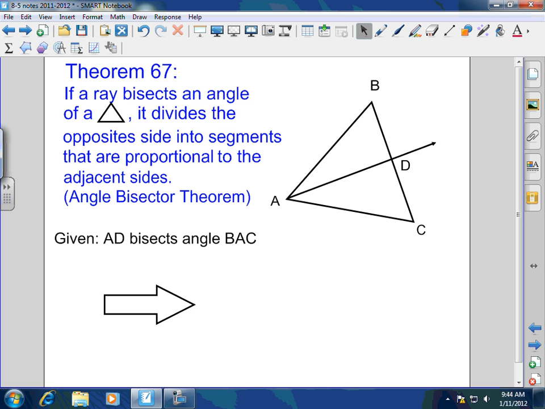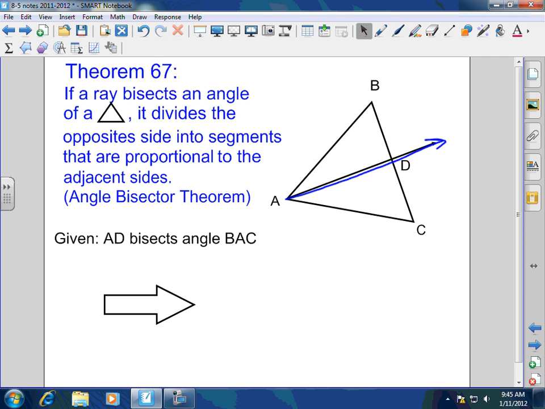Now, last theorem. It says here that if a ray bisects an angle of a triangle, it divides the opposite side into segments that are proportional to the adjacent sides. Let me give you one little hint. AD is the ray, never the adjacent side.